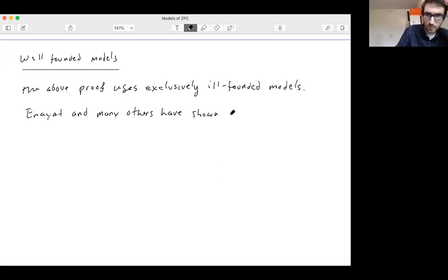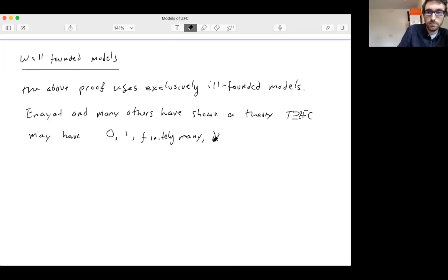A theory T of ZFC may have no well-founded models. It may have a unique well-founded model. It may have finitely many other than one. It may have countably many. It may have aleph-1 many. It may have continuum many. Standard well-founded models.